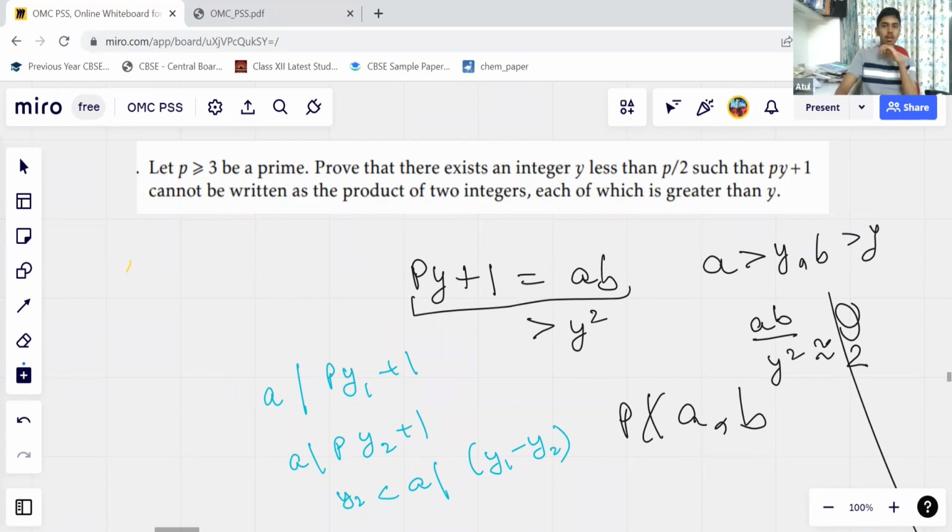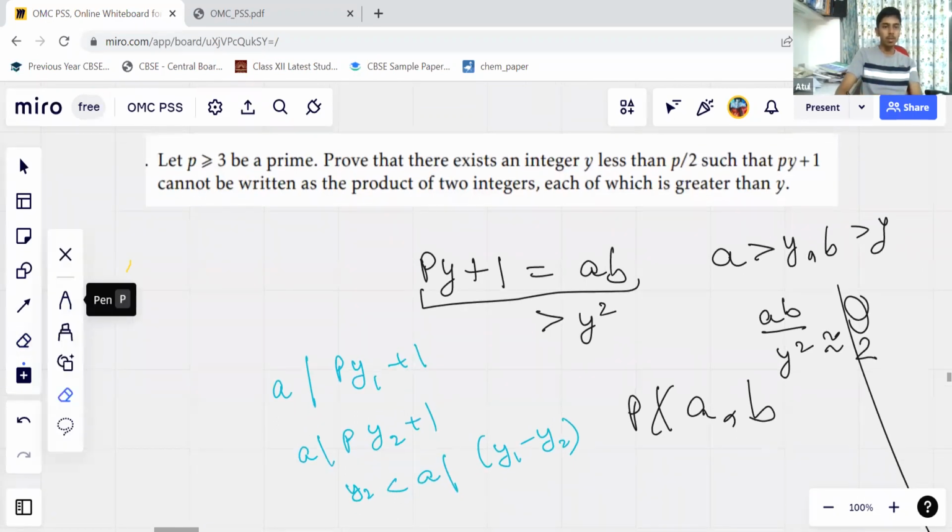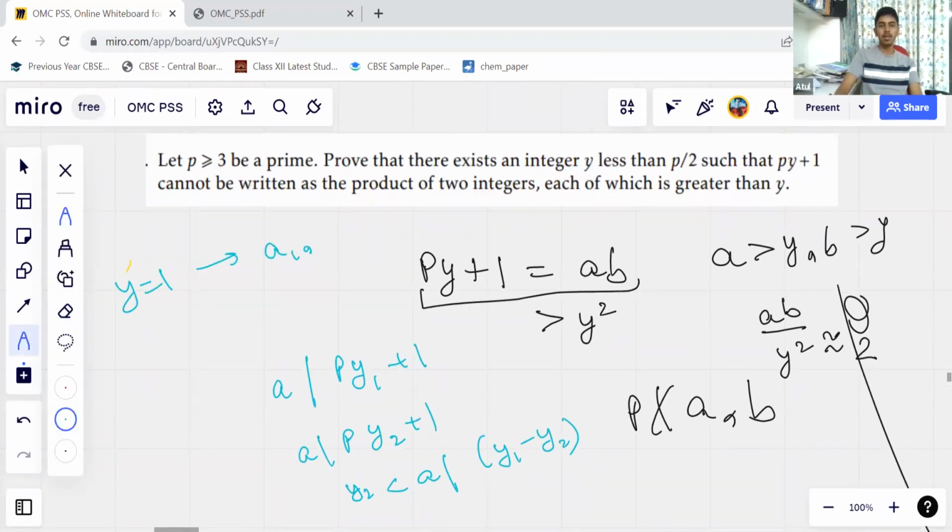So, if we consider the set, if we take y equals 1, then we get some certain A1 and B1. If we take y equals 2, let's say you have A2, B2 equals py plus 1.